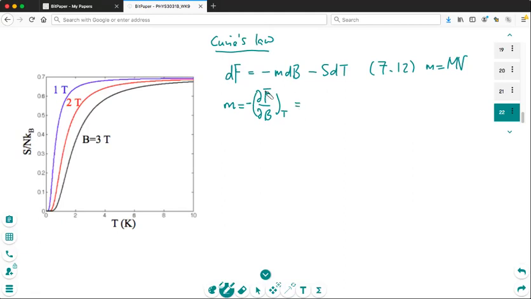And remember, I know how to write f in terms of the partition function. So in principle, once I know the partition function, I know my moment because I can just take the derivative. Remember f carries a minus sign, so there's a minus sign here. You better get plus.